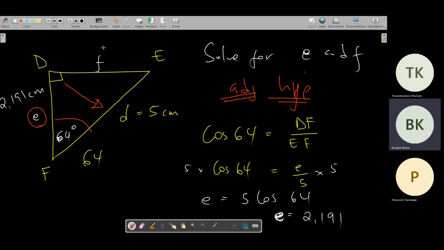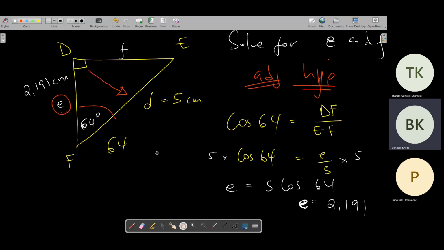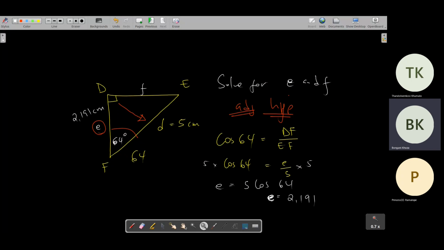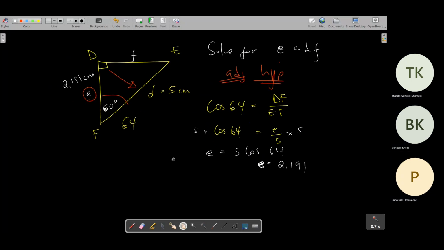Next, we're trying to get this side. We can use trig ratios, or we can use the Pythagoras theorem. Do you remember it? Yes. Pythagoras theorem says the square of the hypotenuse, the longest side, equals the sum of the squares of the other two sides.